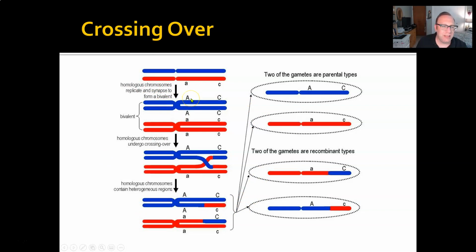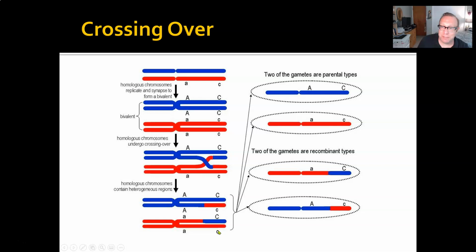Dominant A, dominant C, recessive A, recessive C. But instead, at the bottom, because of crossing over, we end up with dominant A, dominant C. Dominant A, recessive C. Recessive A, dominant C. And finally, recessive A, recessive C.